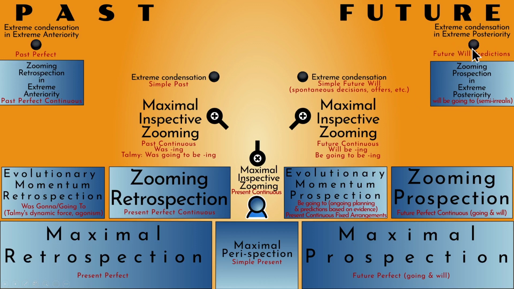So with will, we can talk about predictions, and we're going to represent this construction with a black dot or sphere precisely because, as I have already mentioned, will is a sort of construction that is able to defocus all the different aspects, details of the future event.